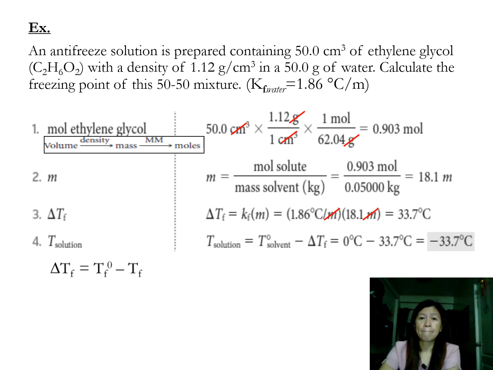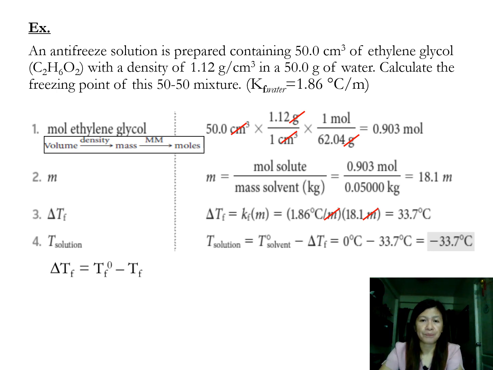Calculating now the freezing point of the mixture, we derive the formula for the freezing point of the solution from the freezing point elevation formula, delta T sub F equals freezing point of the pure solvent minus the freezing point of the solution. So deriving the freezing point of the solution, or T sub F, we have freezing point of the pure solvent minus the freezing point depression.